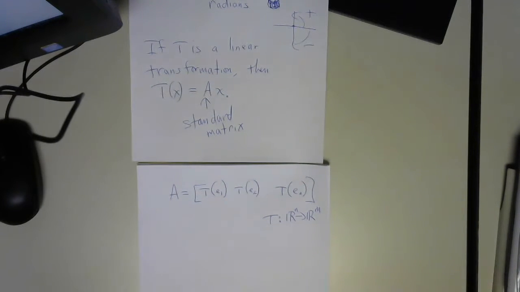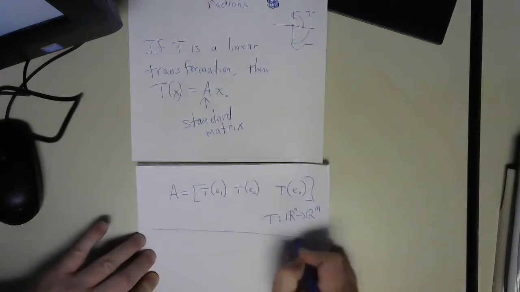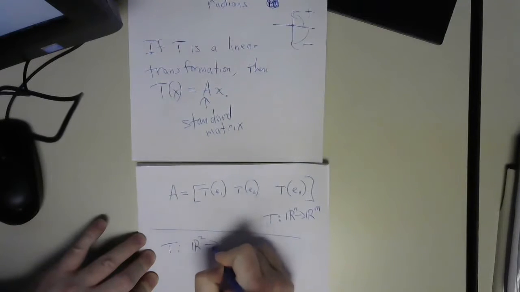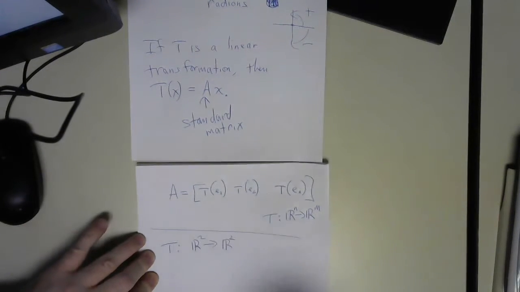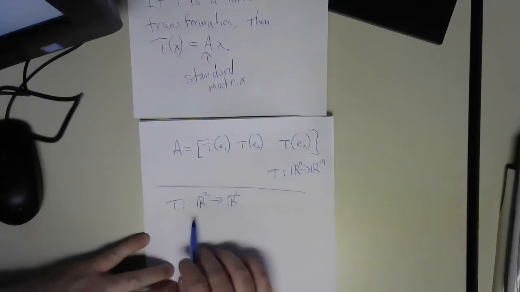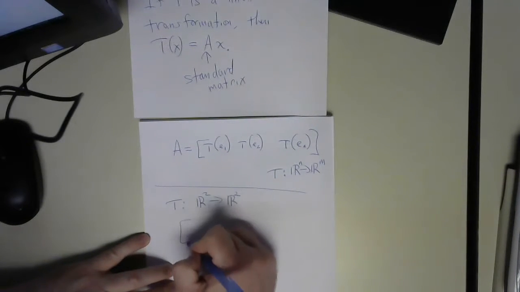Okay. So in this particular case, they tell us that T is going from R2 to R2. All right. So to find the standard matrix, we just have to consider the identity matrix in R2, which remember looks like this.